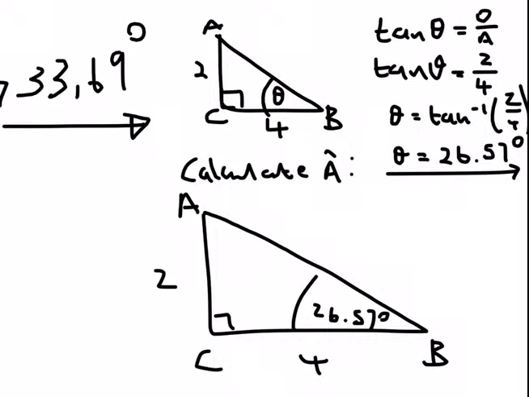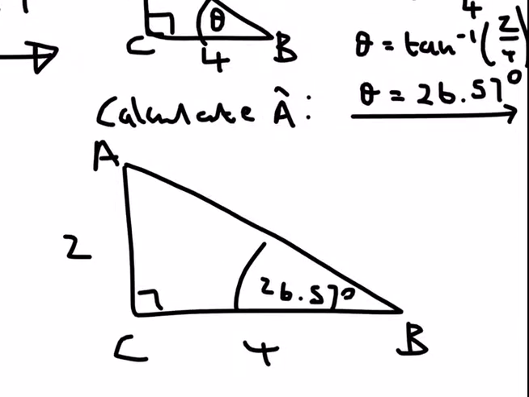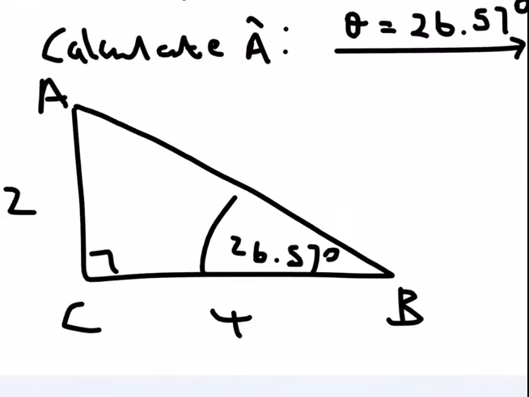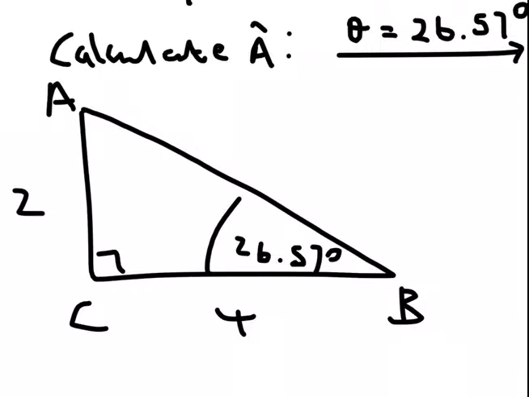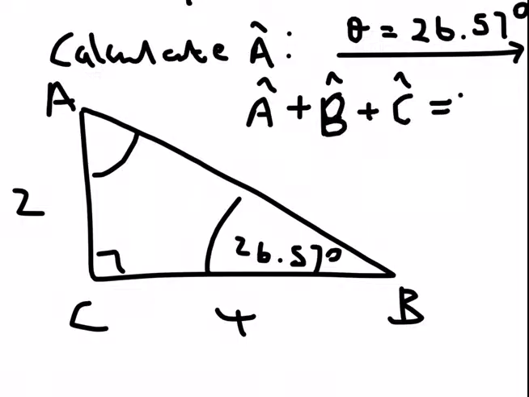They said the interior angles of a triangle add up to 180 degrees. So I'm going to use that same knowledge to get to angle A. So when I take angle A, and I plus it with that angle at B, and I plus it with that angle at C, they must add up to 180 degrees. Angle A is what I'm looking for.